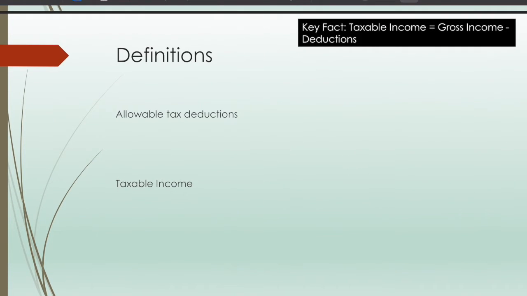You might already have some familiarity with this. You guys possibly have already had to do tax returns if you've got a part-time job outside school. But allowable tax deductions basically fall into two categories. Expenses directly related to work.